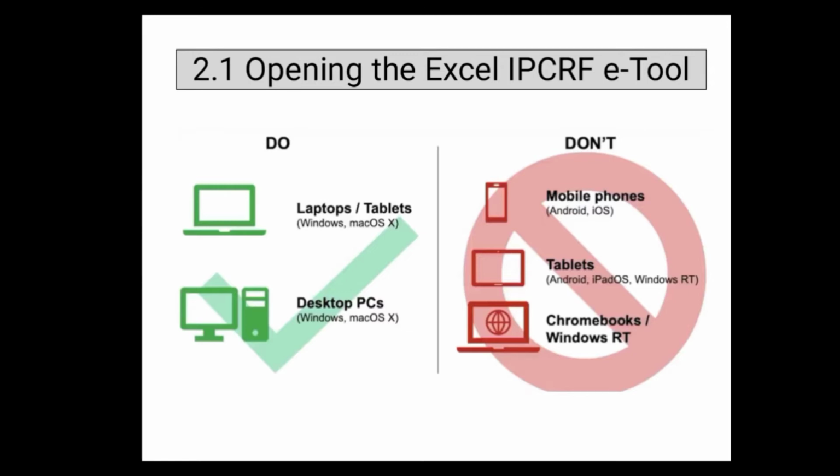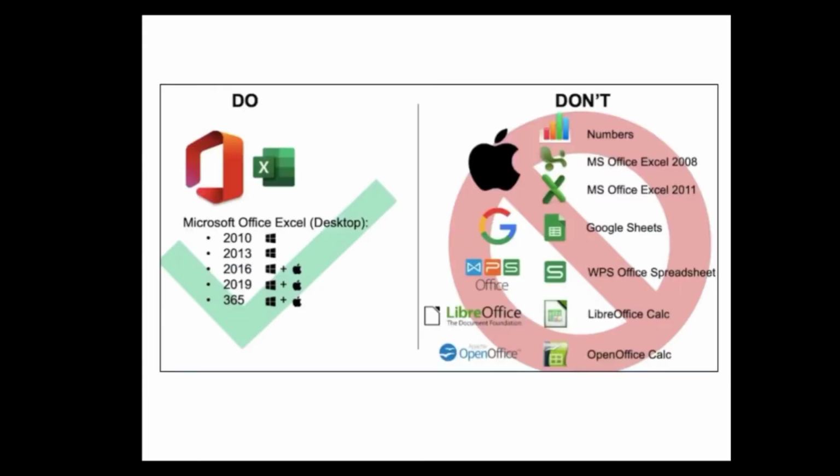You can open the file in laptops or tablets using your Windows and Macs and desktop PCs. Okay? But do not open using your mobile phones, tablets, or any Android devices, and of course, in Chromebooks. Another is that you can open the file using the Microsoft Office 2010, 2013, 2016, 2019, and 365.